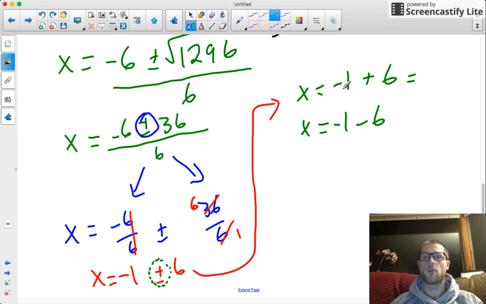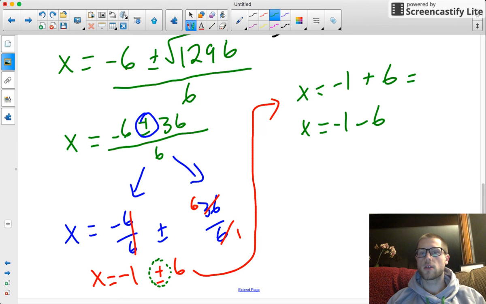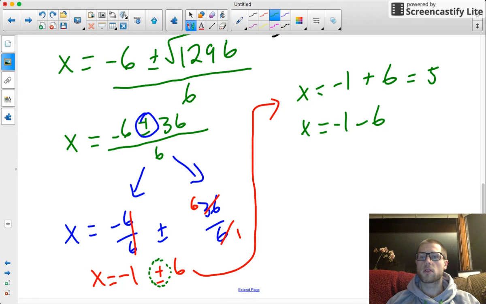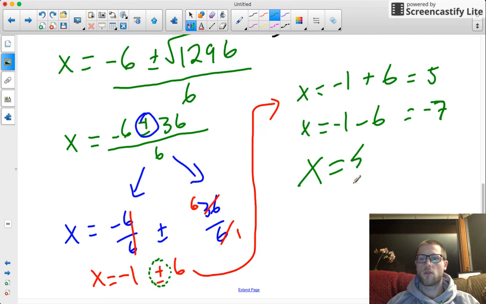So these are two different numbers. Negative 1 plus 6 is 5, and negative 1 minus 6 is negative 7. So my two solutions are going to be x equals negative 7 and 5.